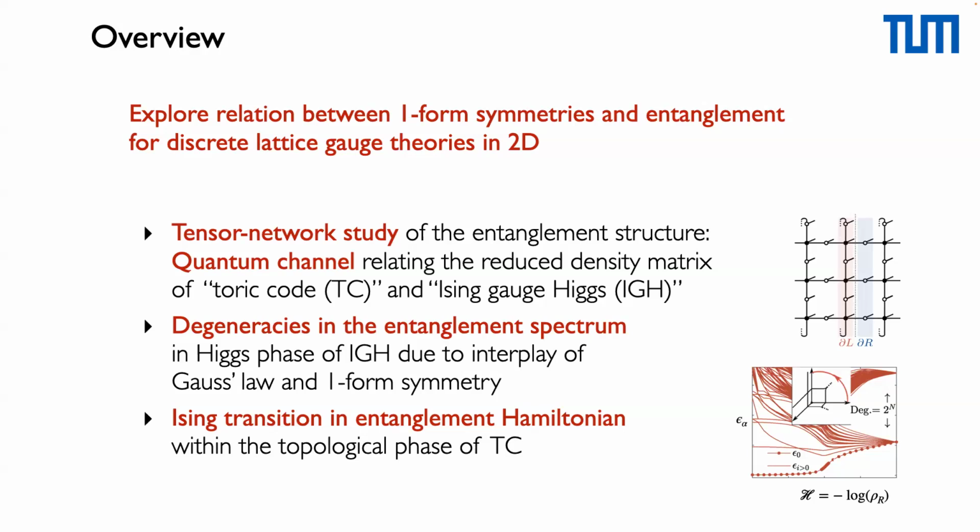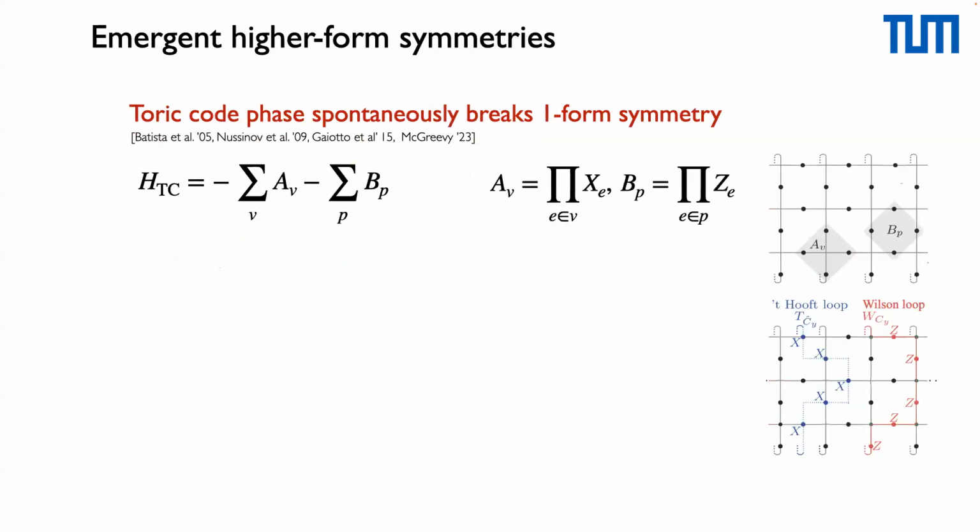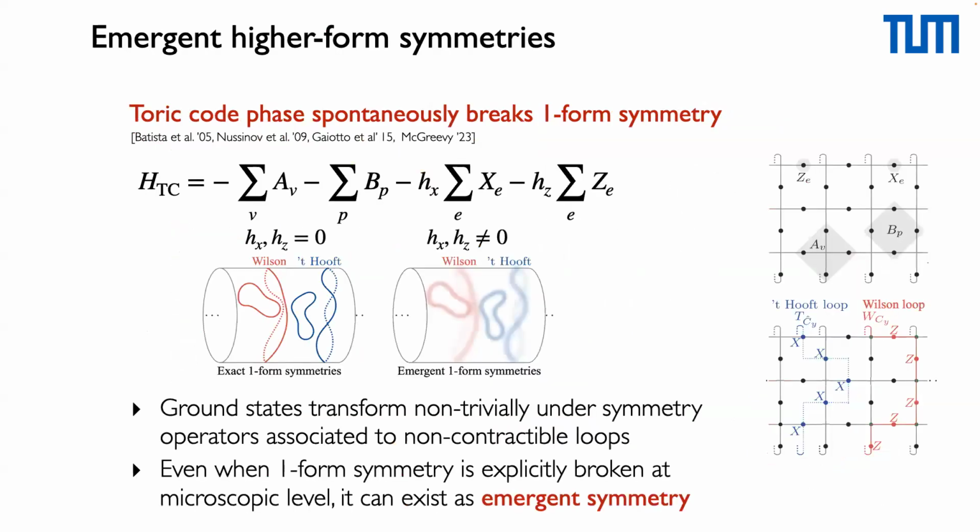We can explain it for the toric code model. If we take exactly this model, we can write down an operator which is just a string of x's, for example, and calculate the expectation value of that operator. In the toric code phase, this operator will create two anionic excitations at its ends, so the expectation value is 0.